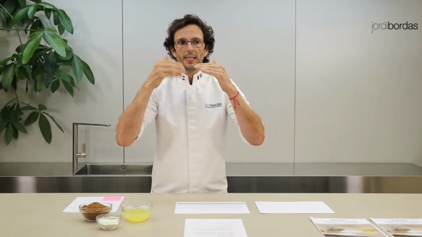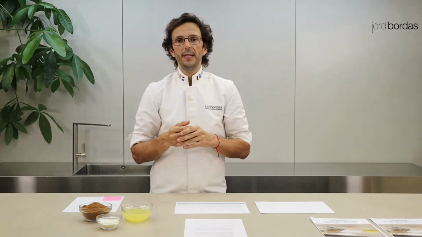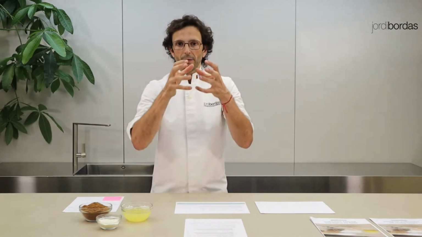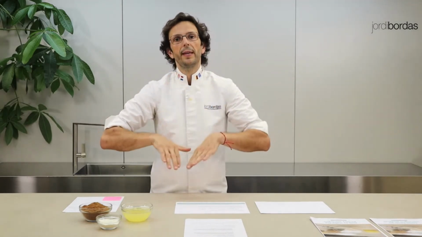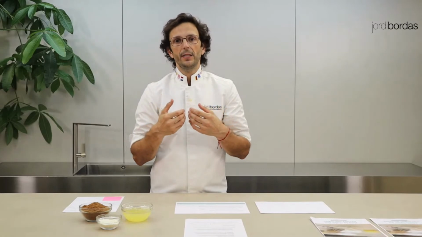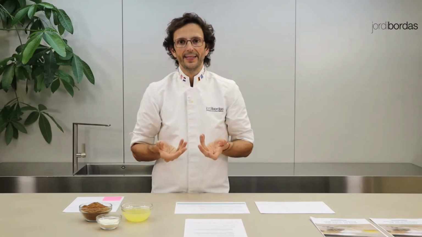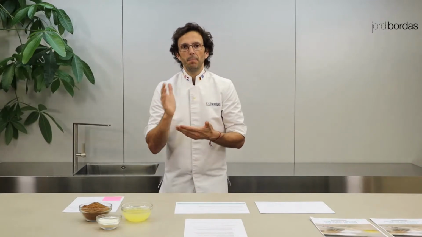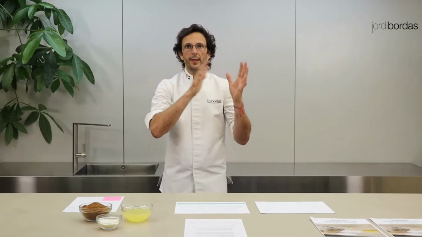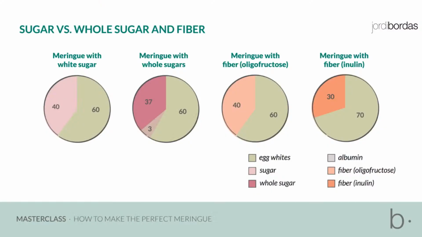If we introduce much more inulin in the recipe, this fiber is going to absorb water, and the meringue will be too thick. We will lose the capacity of the proteins to introduce the air inside, and the meringue will not be good. That means that always, if you work with native inulin, it is better to work in a proportion of 30% of native inulin, 70% of egg whites.